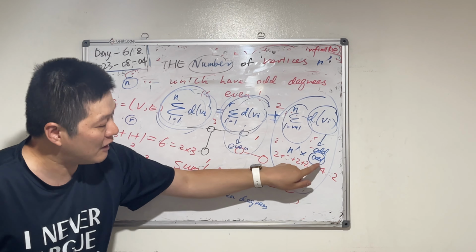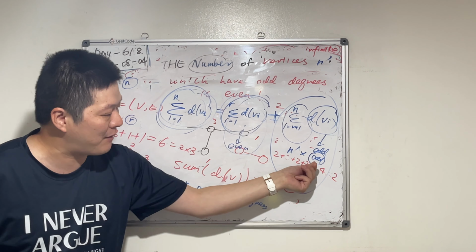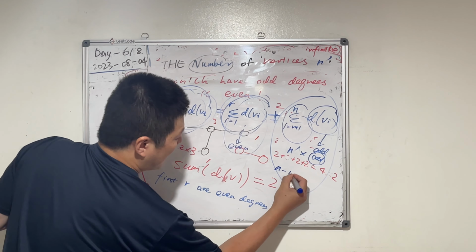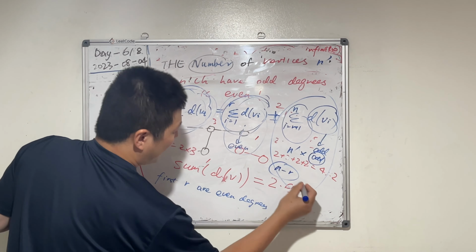And we already know this is an odd number because for the remaining n minus r vertices, these are odd-degree vertices. And it must be multiplied by an even number to make it even. Am I right? Give an example.